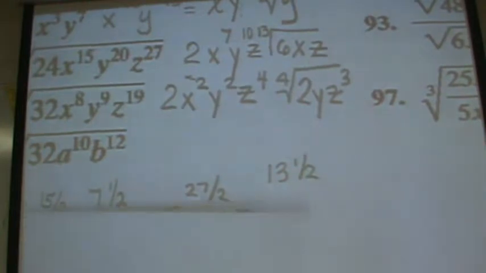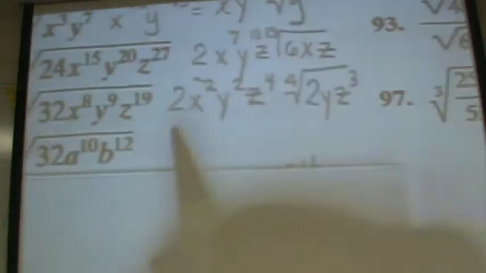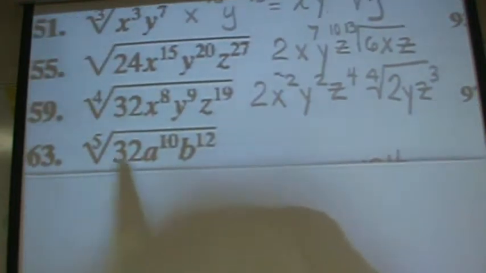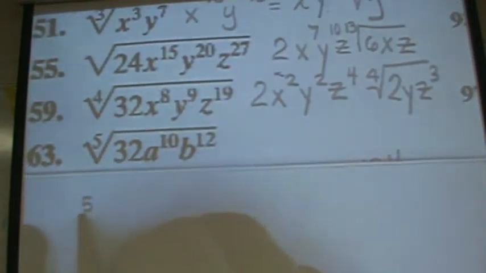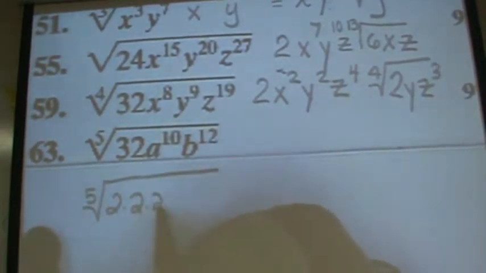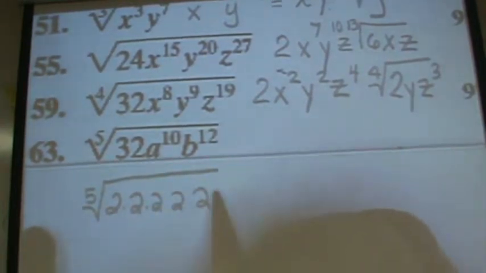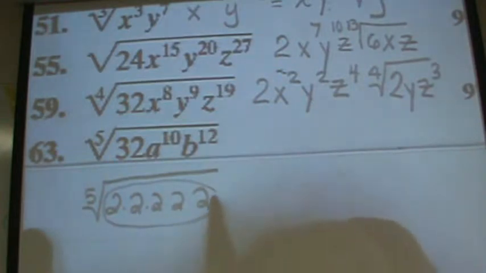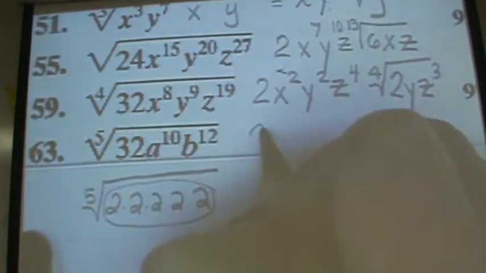And the last one, we have 32, and we just found out that 32, we're looking for 5 of a kind, and 32 is 2 times 2 times 2 times 2 times 2. 2 times 2 is 4, times 2 is 8, times 2 is 16, times 2 is 32. We are taking all of our 2's out.